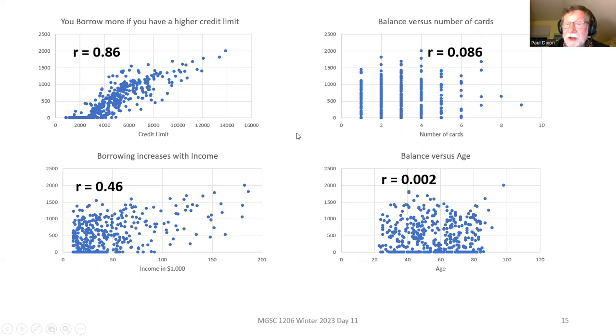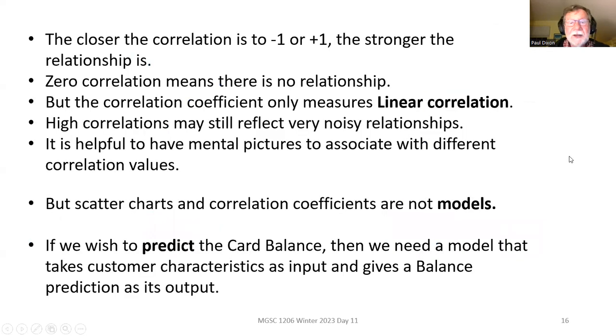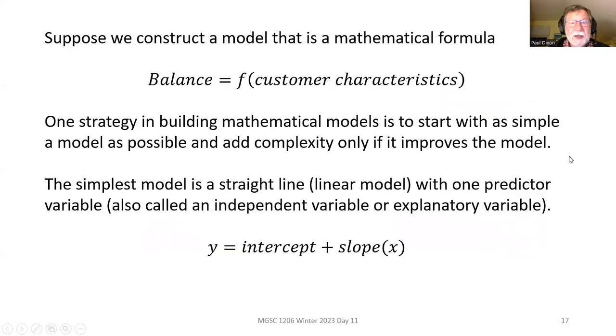So there can be a lot of noise even with a very high correlation. If we're trying to build this as a formula, and that's where we're going to start, normally when building a formula, I recommend anyway, others may differ, start off simple.